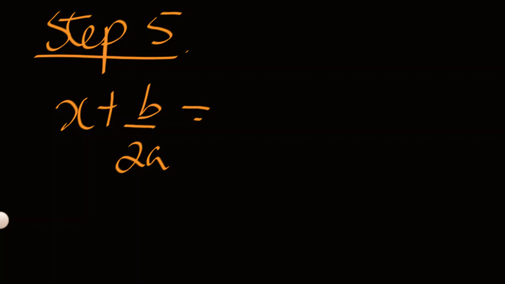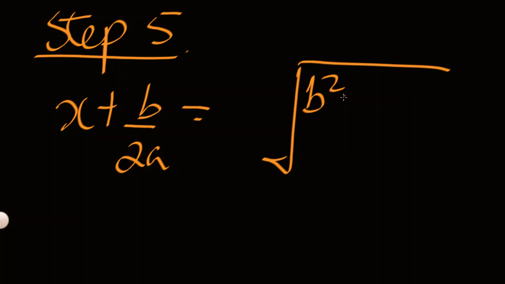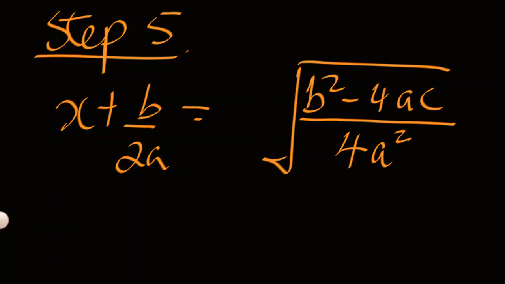If I take the square root on the left hand side, I get x plus b over 2a being equal to the square root of b squared minus 4ac all over 4a squared. Please note that every time you take a square root, it's either positive or negative.